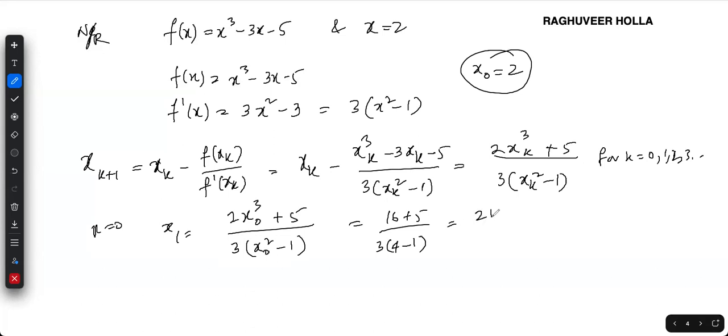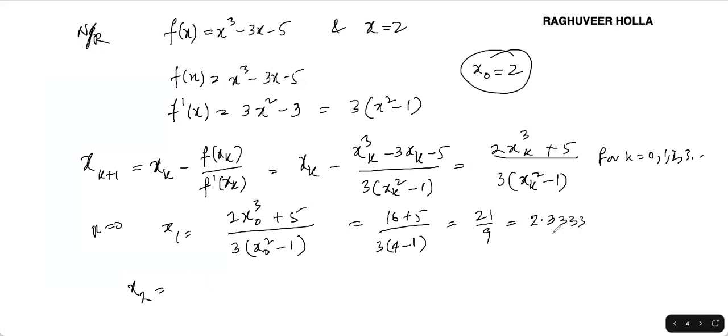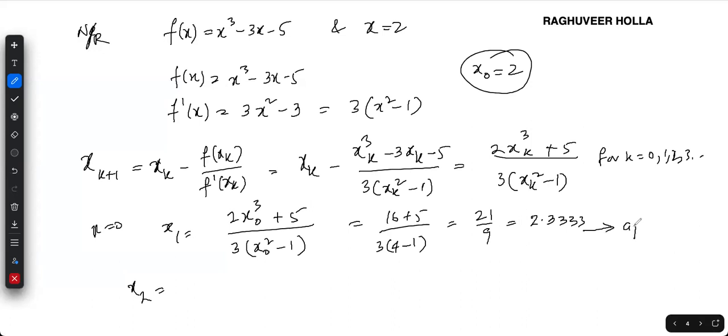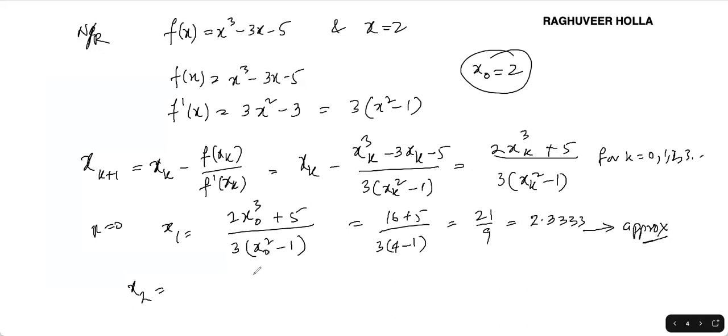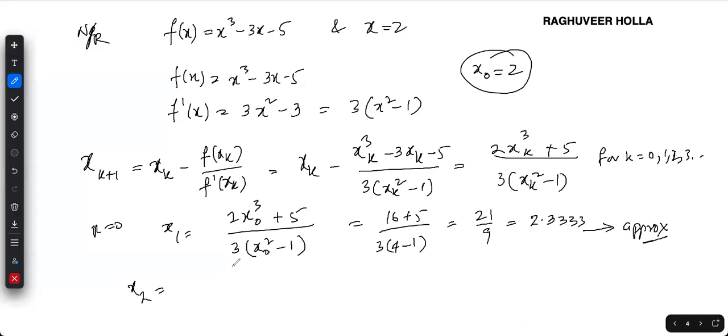So this is 21 by 9, which is 2.333 and so on. Okay, we'll do the next approximation. Okay, this is what is approximation, approximate root. So please calculate this quickly.